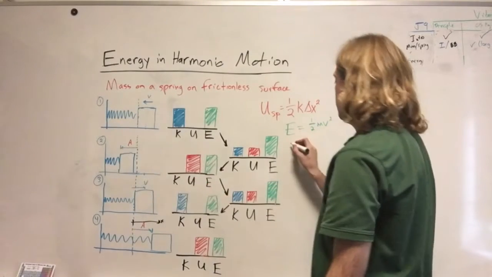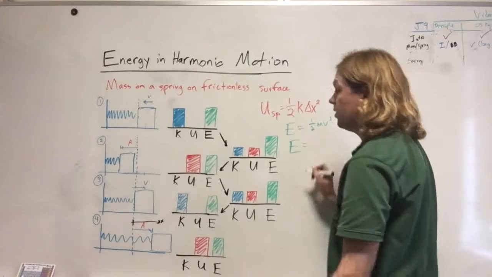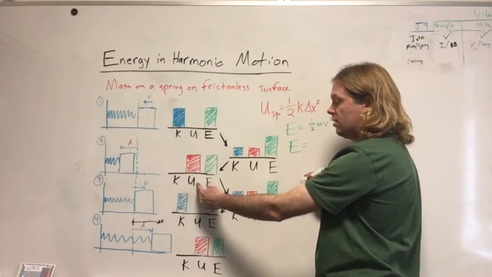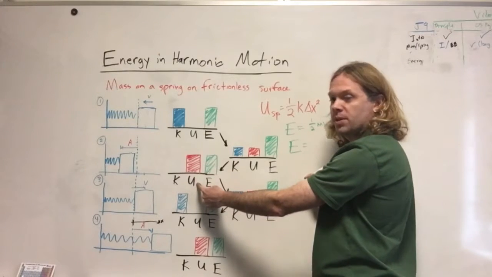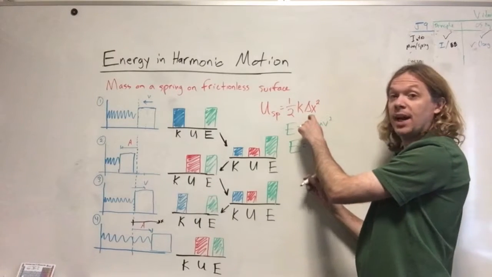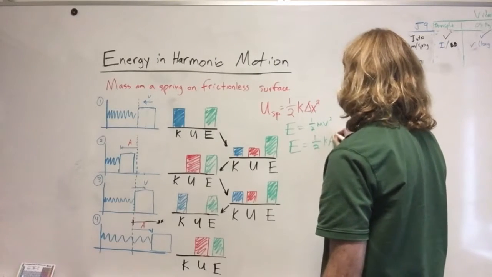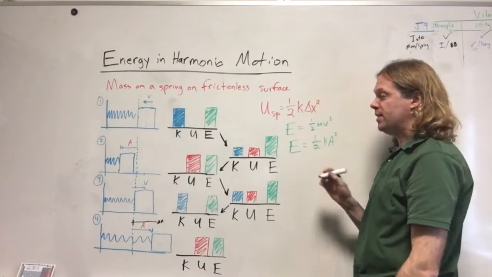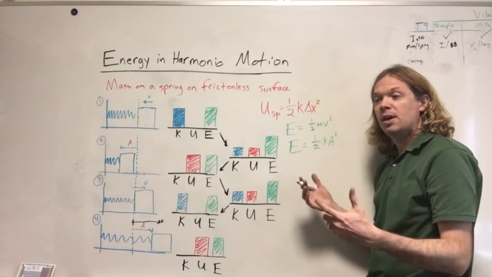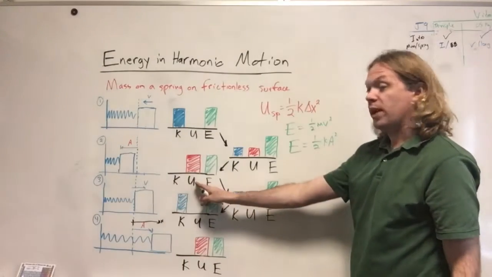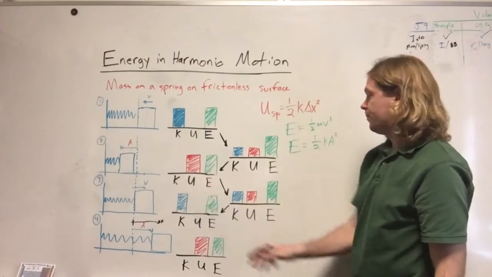Now the total energy is still going to be K plus U, but now there's no kinetic energy, and there is some potential energy. There's the most potential energy, 1/2 k times the amplitude squared, because the amplitude is the point of maximum distance from the equilibrium. That's this point A, and so that's where the most potential energy will be.